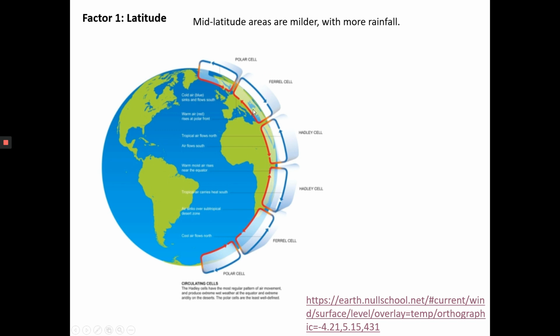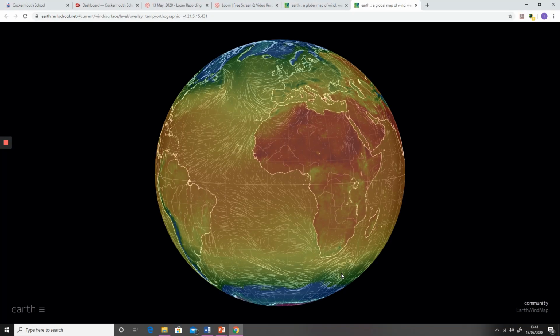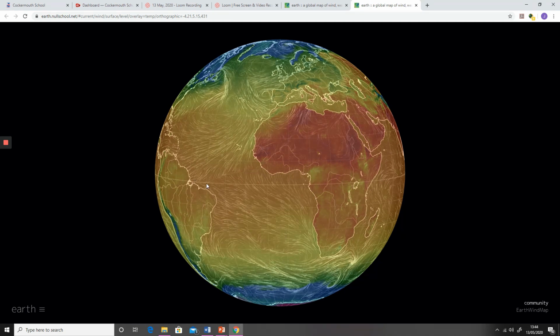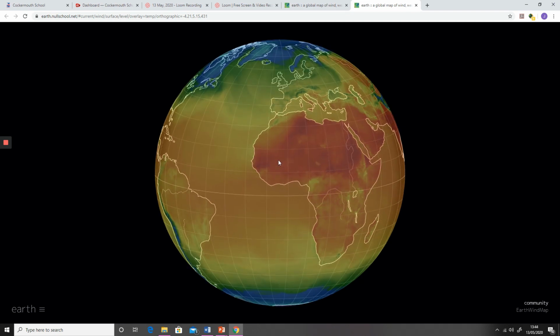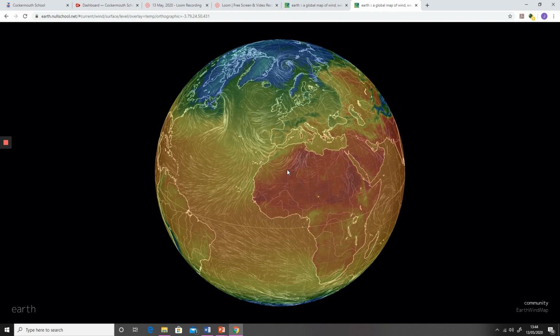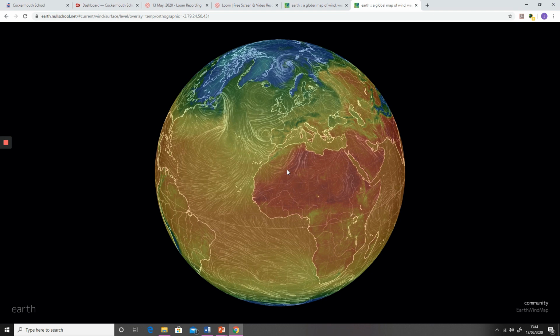Now, latitude affects 2 things. The first thing latitude affects is your temperature. So if I bring this up, this is obviously the Earth. This line here is the equator. And the colours on here, just tilt it down so we just look at the northern hemisphere, show temperatures, and you can see there's clearly 3 different sections.